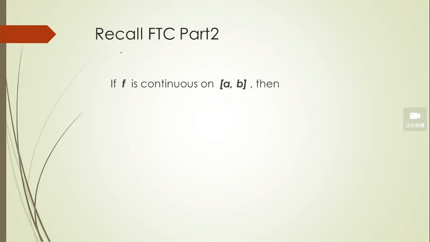Now, let's recall FTC Part 2, okay? If f is continuous on [a, b], then the definite integral from a to b of f(x) dx will be its antiderivative big F evaluated at the two endpoints a and b, then take the difference, right?